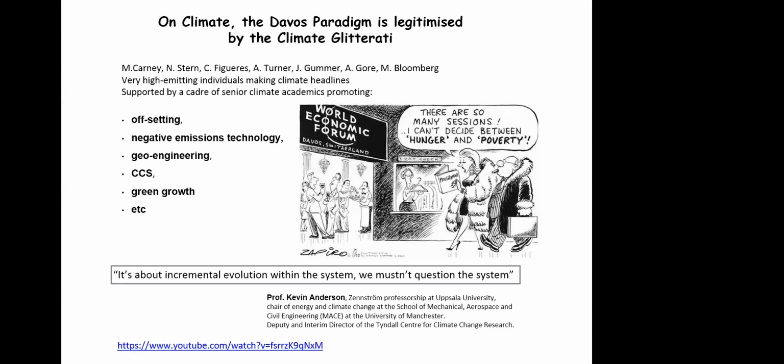Anderson points out, these are actually very high emitting individuals making the climate headlines, and they're supported by a cadre of senior climate academics, people who, as Anderson says, really like to rub shoulders with the glitterati.